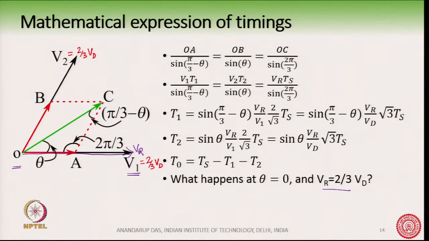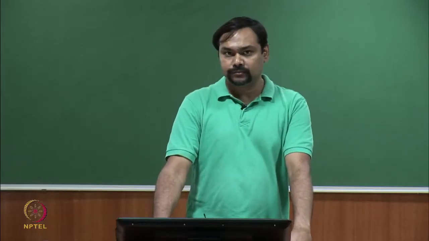Okay. For the whole time period, the 100% duty or 100% of the time period, V1 should be switched, and the 0 vector or V2 vector should not be switched, and this can also be understood from this T1, T2 and T0 expression. If you put VR equal to 2/3 Vd, you will find that T1 is equal to Ts and T2 equal to 0 and T0 equal to 0. Okay.